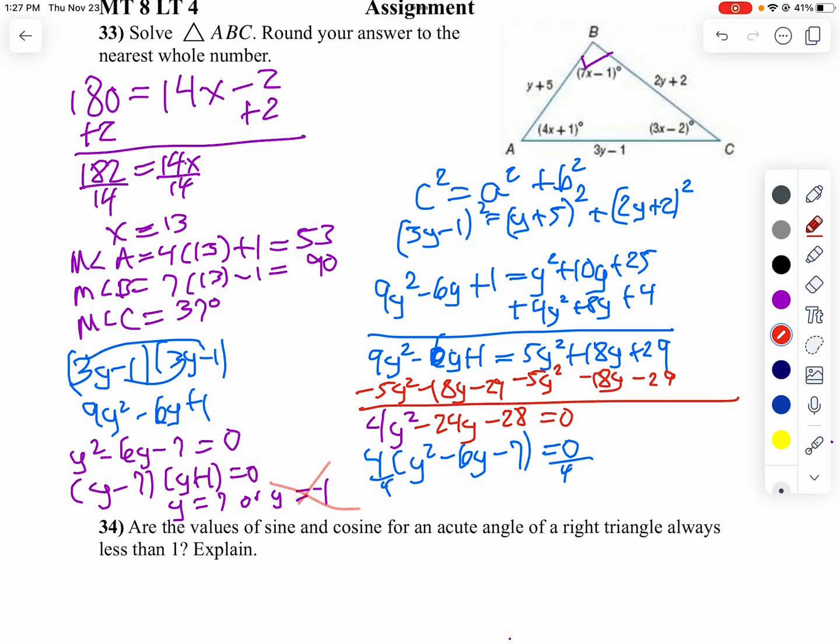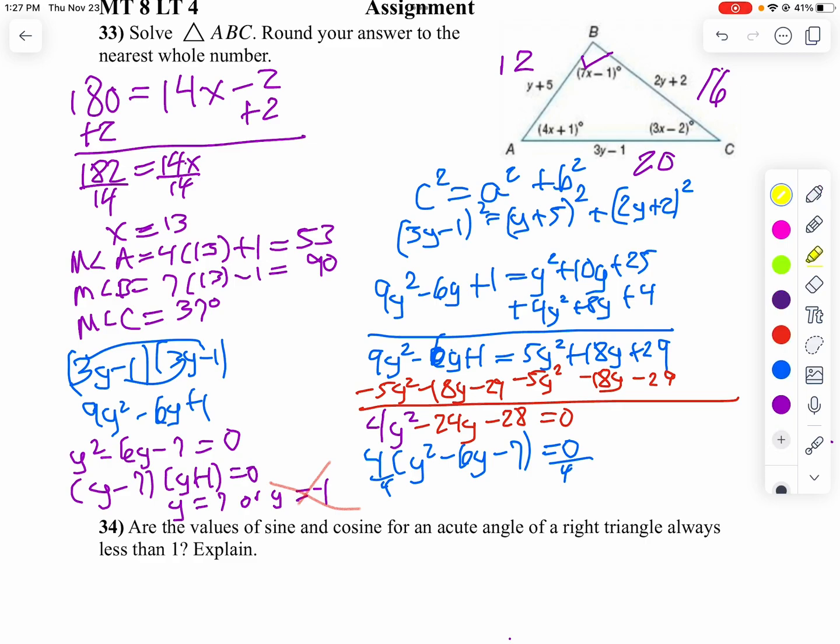So now that we know that y is 7, we can go back and replace that and say 7 plus 5 is 12. And then 2 times 7 is 14 plus 2 is 16. And then 3 times 7 minus 1 is 20.